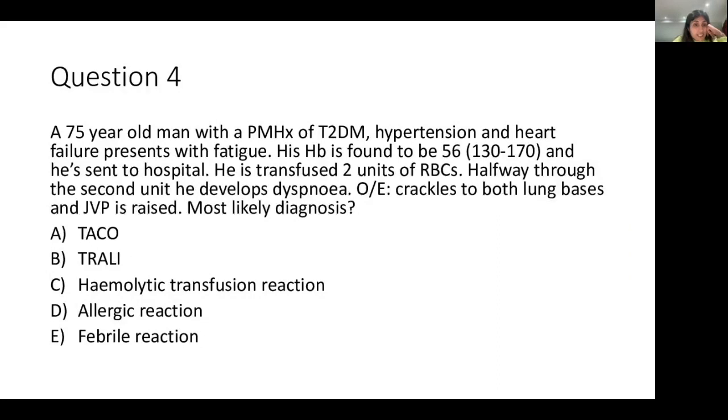He comes in fatigued. Hemoglobin's 56. So he's sent to his local hospital. He gets 2 units of red blood cells, but halfway through the second unit, he becomes very short of breath. You examine him. He's got crackles to both of his lung bases and a raised JVP as well. What's the most likely diagnosis?